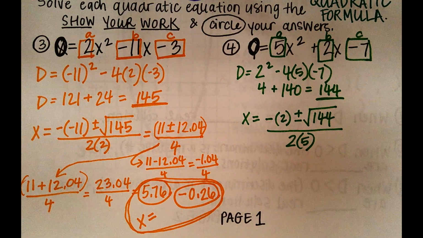Squared, minus. Now before the 4, remember we're going to multiply those 3, so parentheses, 4, times 2, 2, times, -3.